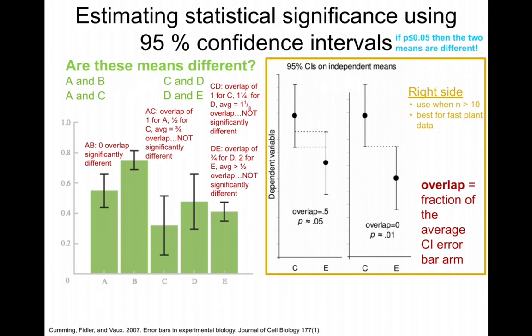So we can say that if you average greater than one bar of overlap with half a bar of overlap, or 3/4 of a bar of overlap, that's going to be greater than a half as well. And so we can say that these are not significantly different either. There's too much overlap between these two error bars. And so you'll be able to use your graph that you generate and the error bars that you place on your graph to determine whether or not your means are significantly different between the control treatment and the experimental treatment.